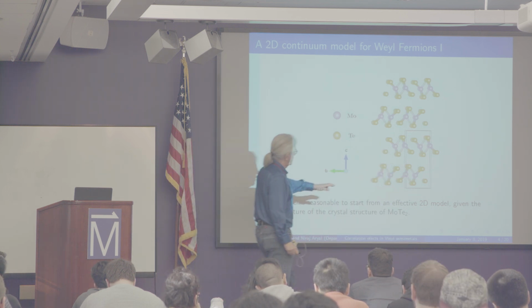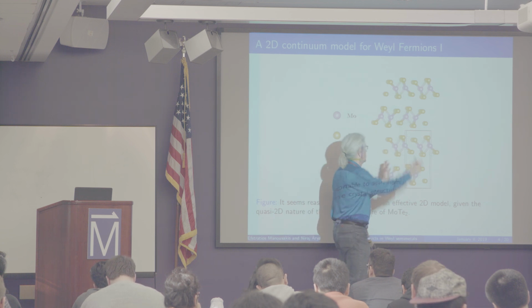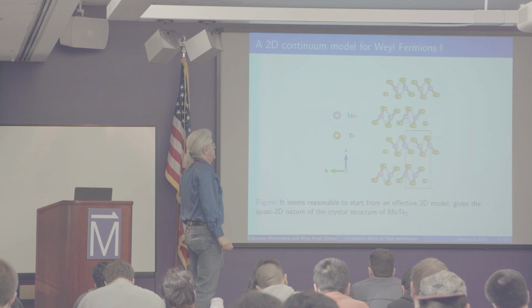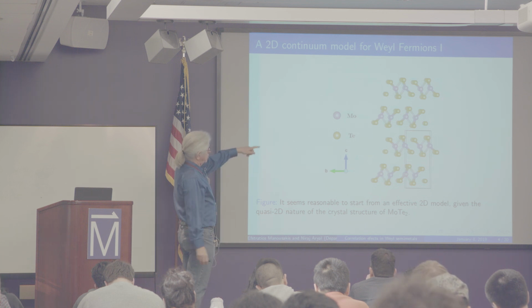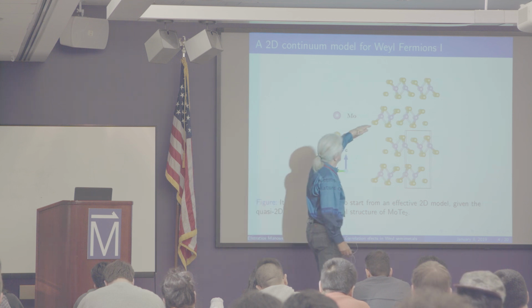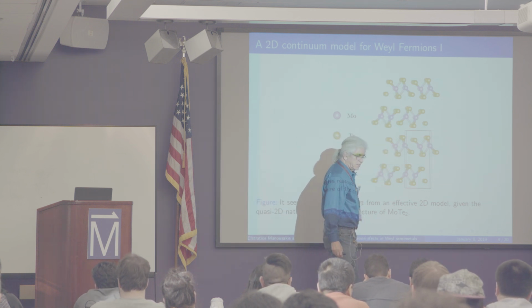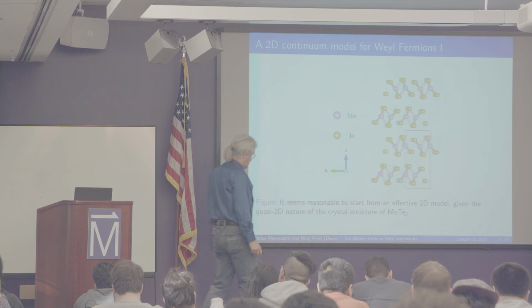So you can see that in order to go from here to here, I have to sort of rotate myself by some angle in order to go to the second layer of my unit cell. This is equivalent to that, and this is equivalent to that, but there is no inversion symmetry between those 2.